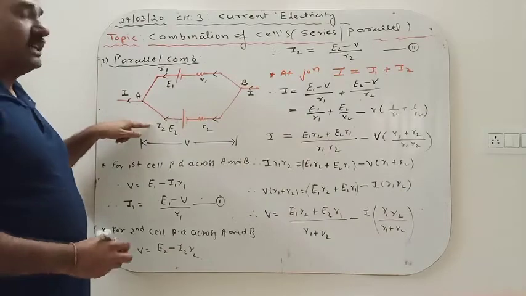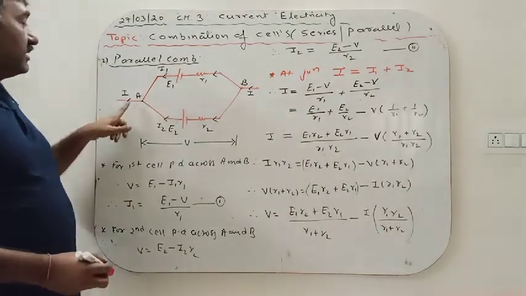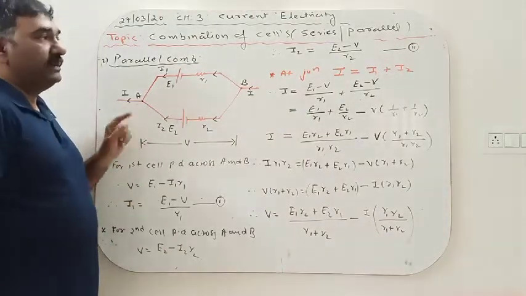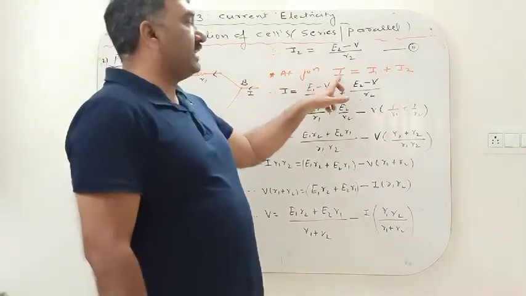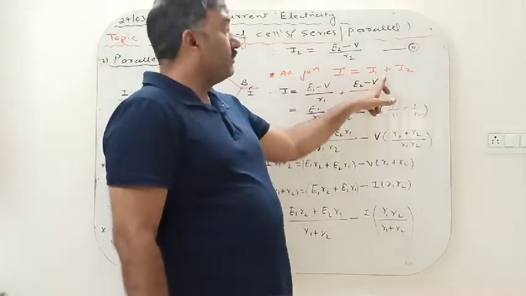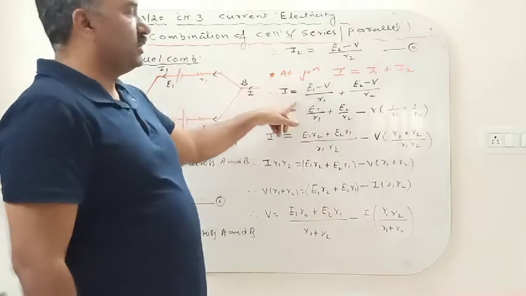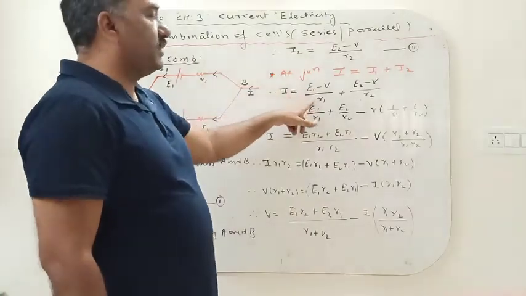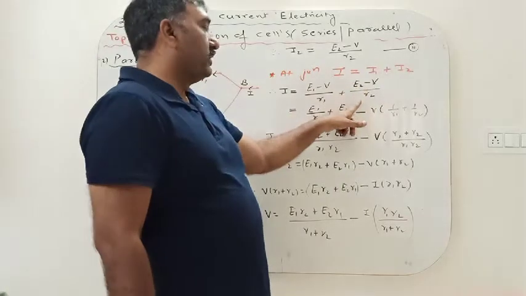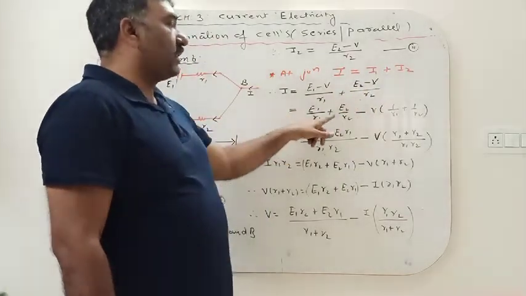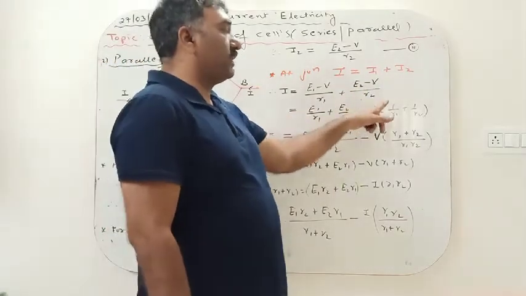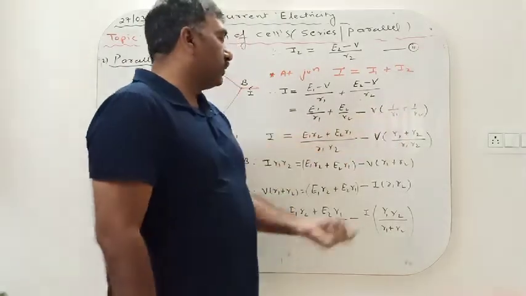Then I1 and I2 are the electric currents, and these two currents combine at point A and give I. So at the junction you can say that I is equal to I1 plus I2. By substituting the values of I1 and I2, we get E1 minus V upon R1 plus E2 minus V upon R2. On simplifying, E1 upon R1 plus E2 upon R2 minus V (1 upon R1 plus 1 upon R2).